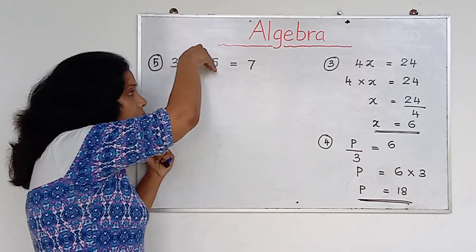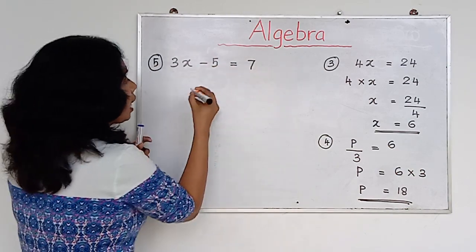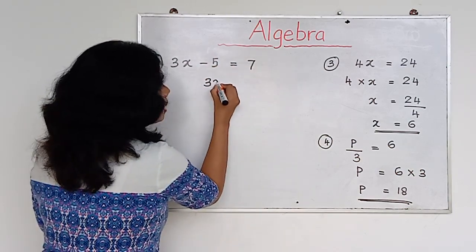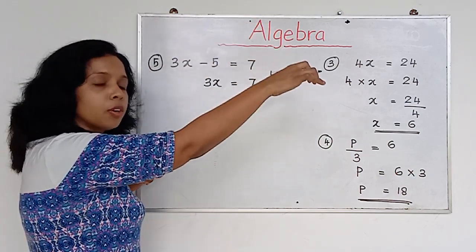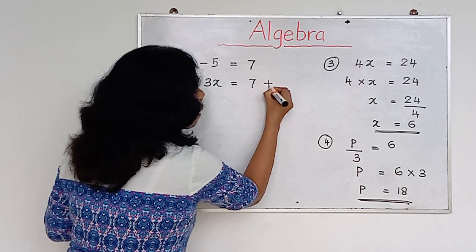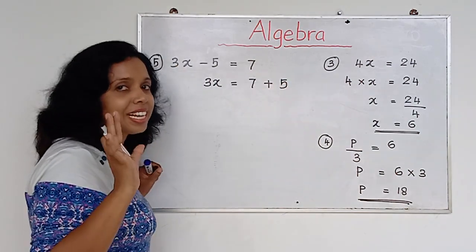So first I'll ask him to go to the other side, right? I'll keep 3x as it is on this side, and I'll ask this minus 5 to go to the other side. Then what happened? It becomes plus 5. Hope everybody understood that step.